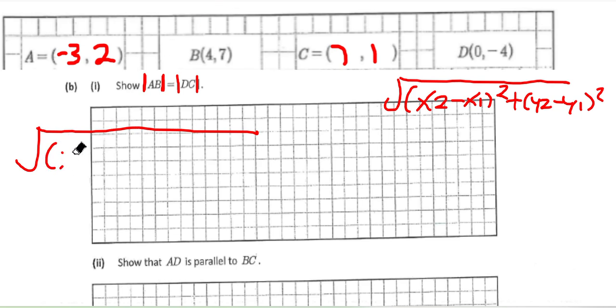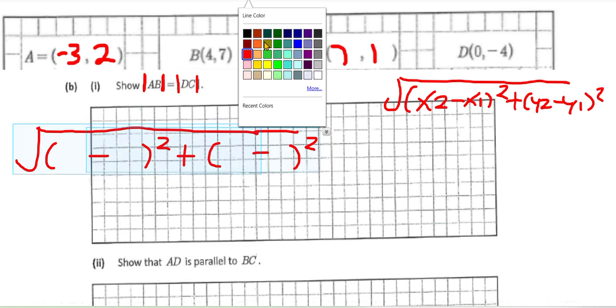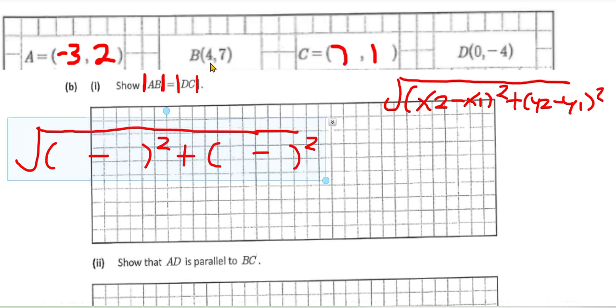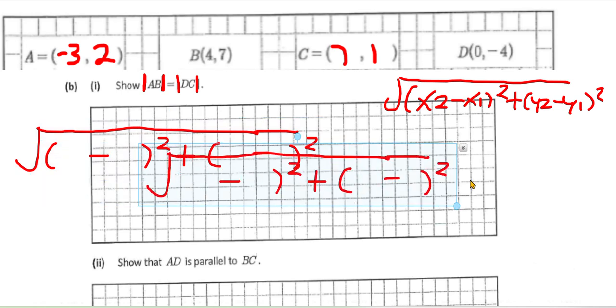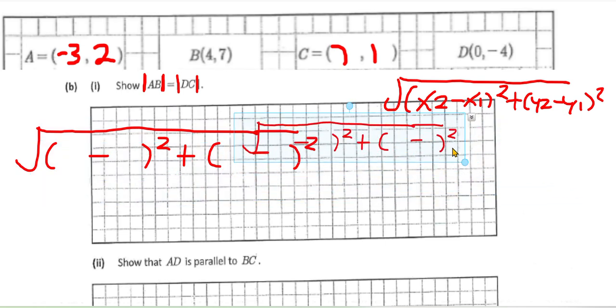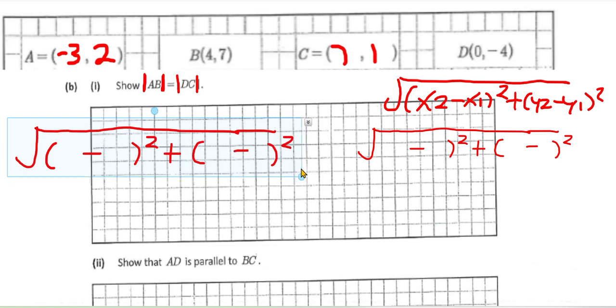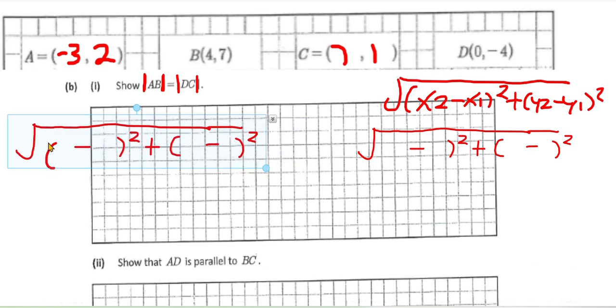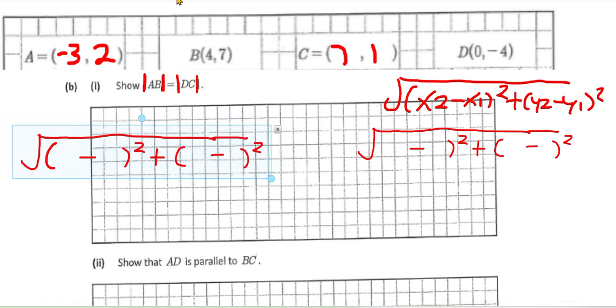Sorry, excuse me. And then okay, there's going to be two of them, isn't there? There's going to be two of these. Okay. Here's what we're going to do. Okay, so we'll start with the first one.